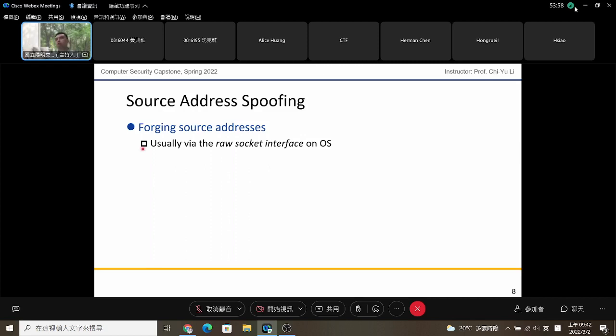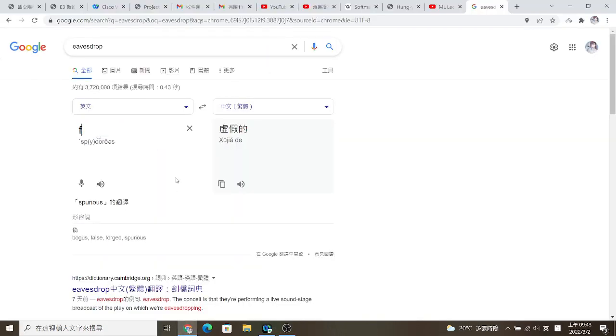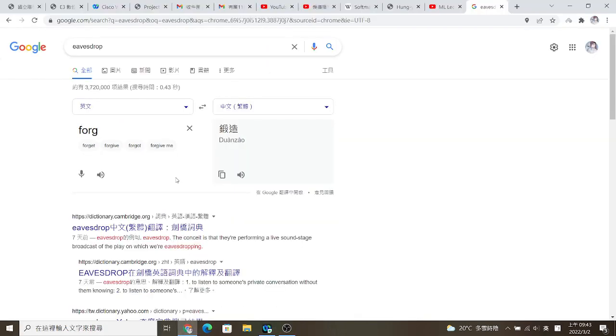Usually we can use the raw socket interface on the OS to create the spoofed packet. If you just use the command line on your machines, you are not able to specify the source IP, so you need to use the raw socket interface to do it.